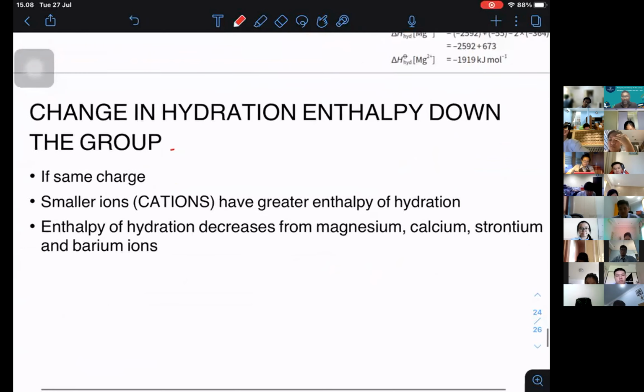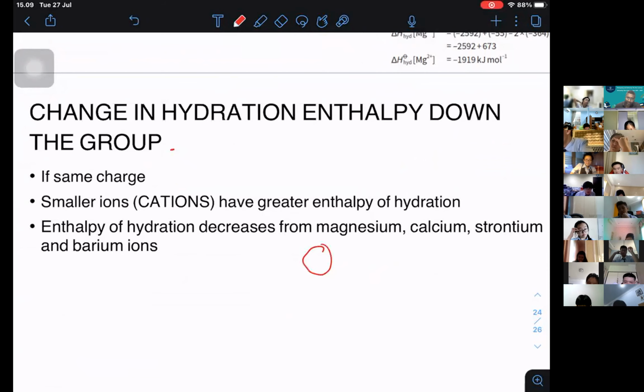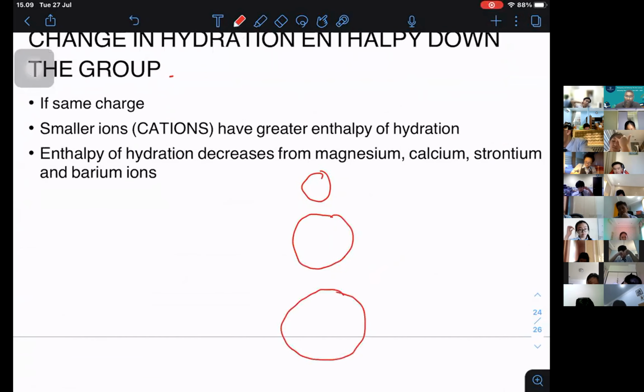You see here, enthalpy of hydration down the group. Since we already started with charge density, down the group I also told you the size is increasing. Why? Despite the increase of protons, you have more distance and more number of shells, and this distance and number of shells are going to outweigh the increase in protons. So you can say that your charge density is getting lower.